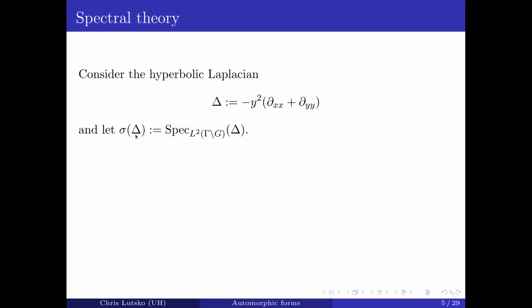So the spectrum is the collection of eigenvalues, but it's also more than the collection of eigenvalues. It's anywhere where delta minus lambda inverse is not defined. But if you're not familiar with this, just think of it as the eigenvalues of the spectrum.